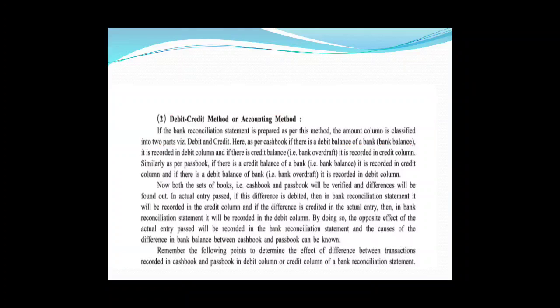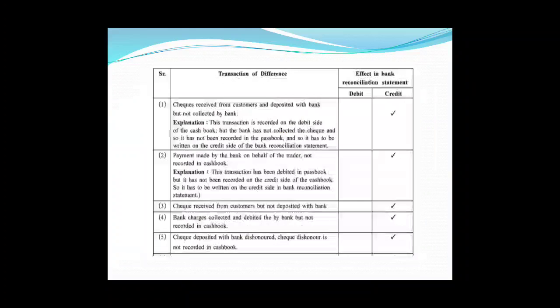Okay friends, so this is a very simple method to understand. Let us see a list of the transactions which are debited or credited in our bank reconciliation statement under debit and credit method or accounting method. The first one, check received from customer and deposited with bank but not collected by bank.